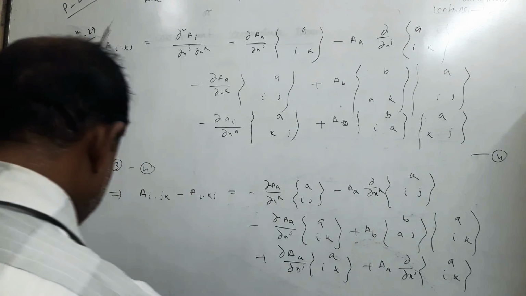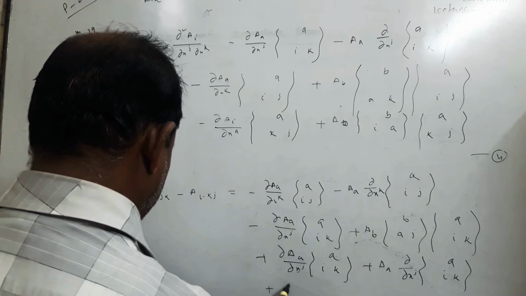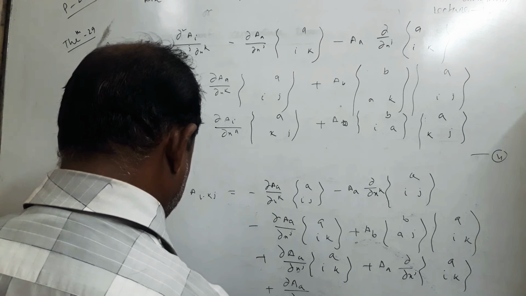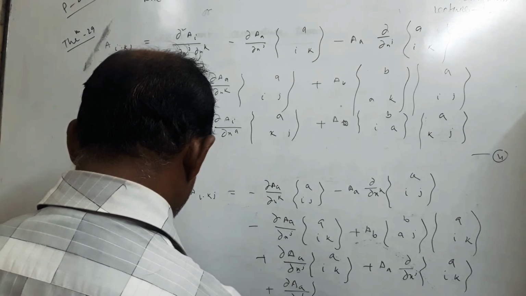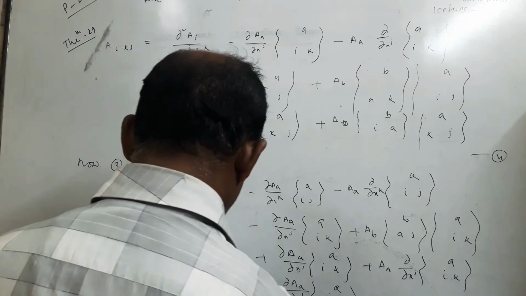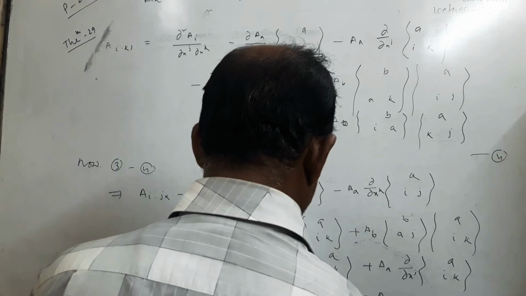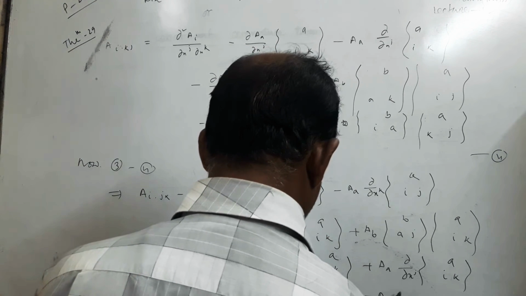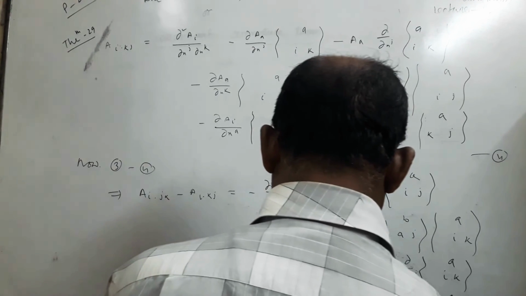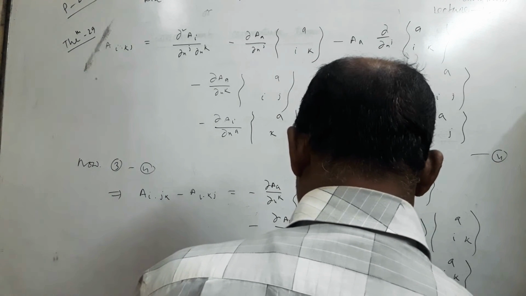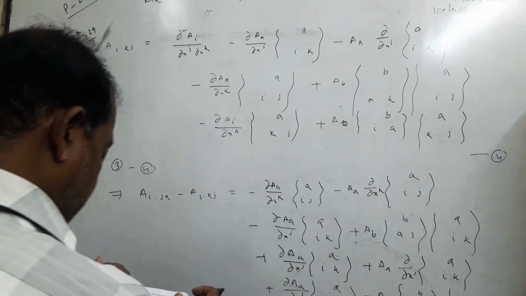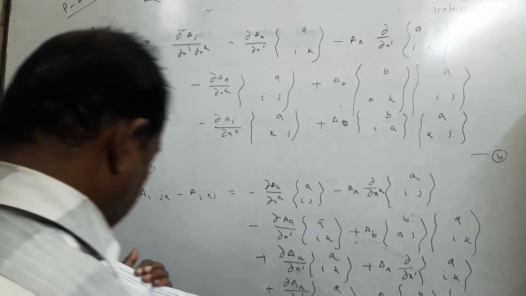Okay, plus del by del a divide del x k into a I j minus a b b into a k into a I and j a k b a k I a k.